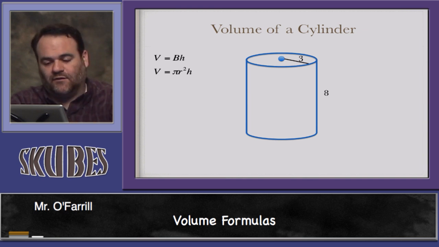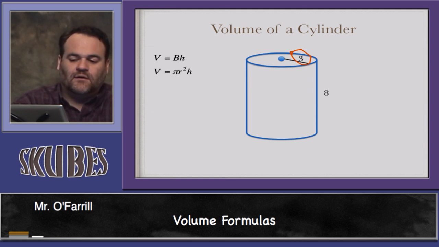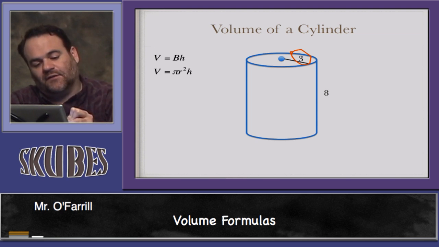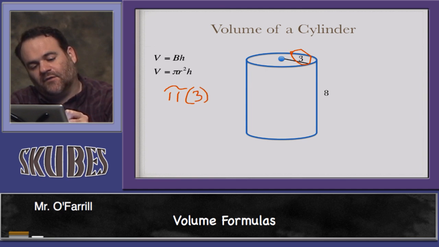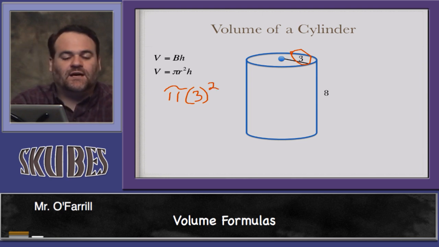In this cylinder, the base has a radius of 3. So we can just plug that in where we see the letter r. Pi times 3 squared times the height.